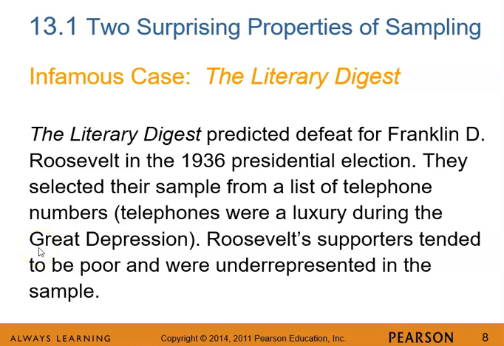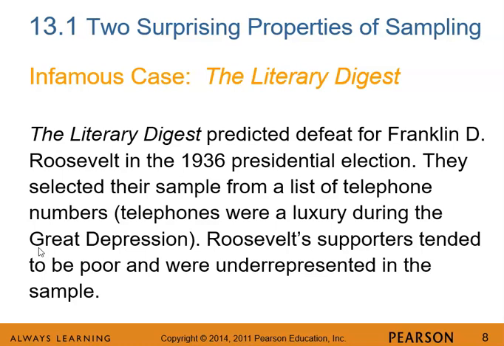This example actually creates an example for us of a sampling that does not represent the population, and based on that sample, the prediction was defeat of Franklin Roosevelt in 1936.